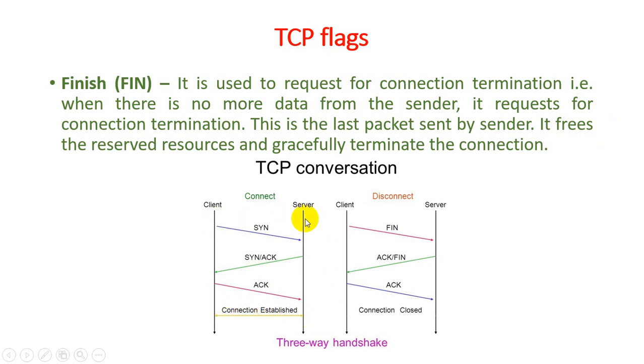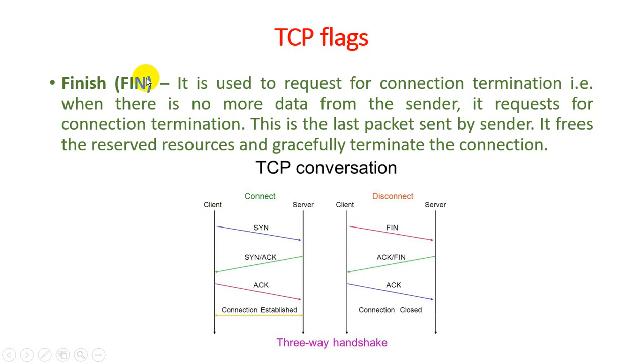After successfully exchanging the 3 flags, a connection is established between the client and server. It is just the initiating process for the communication. Now the communication starts. They can send all the data which should be transmitted between the client and server sides. After all the data is sent successfully, when there is no more data from the sender side, a disconnection process is initiated.